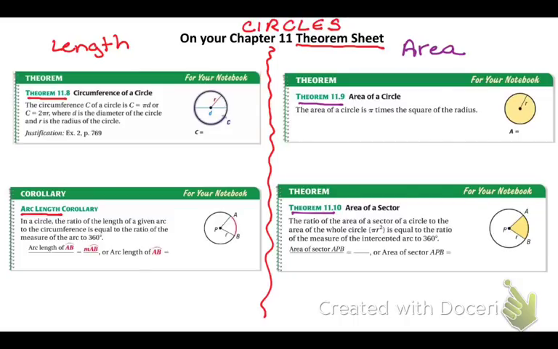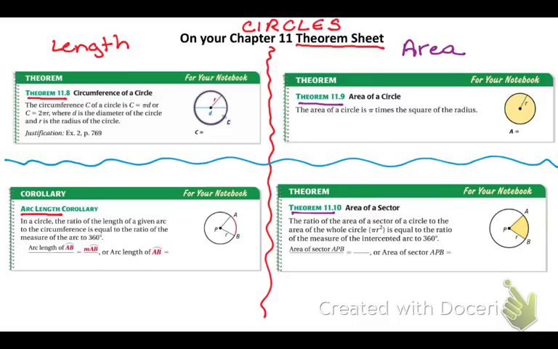Now we can further divide these. We can divide them this way. Here we see that the 2 theorems on the top talk about the whole: the whole circumference of a circle, the area of a whole circle.